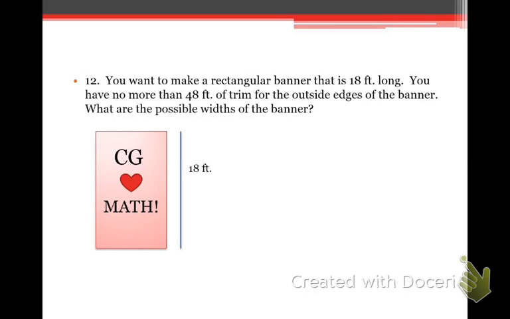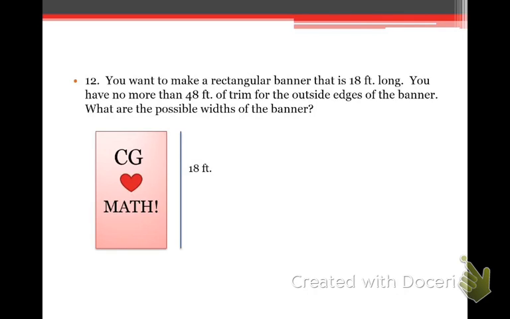Number 12, you want to make a rectangular banner that is 18 feet long. You have no more than 48 feet of trim for the outside edges of the banner. What are the possible widths of the banner? Again, if you're going to put an edge or a border around the banner, we're talking about perimeter, right?